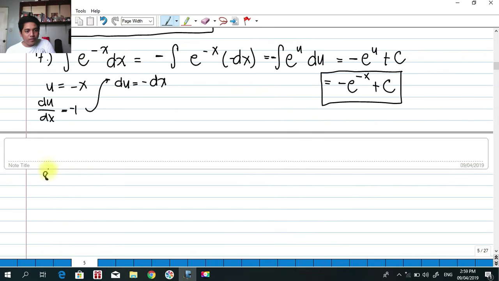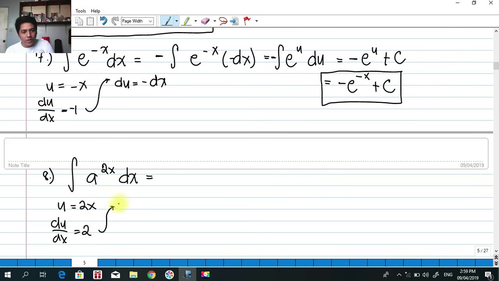So for number 8, we have the integral of a raised to 2x dx, where a is any constant. According to our formula, we shall be getting this by letting u equal 2x. So we have du over dx, that is equivalent to 2.